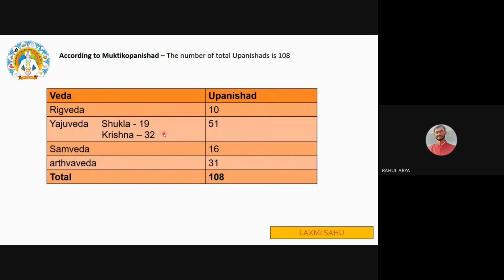So the total is 108 Upanishads, and please remember it is according to the Muktika Upanishad.